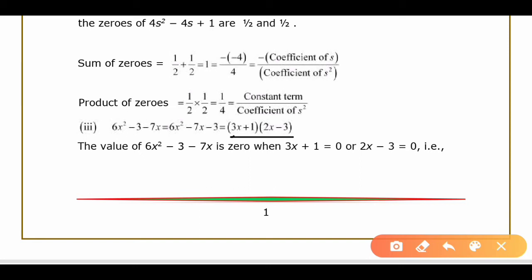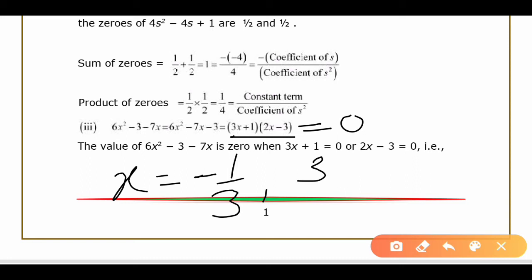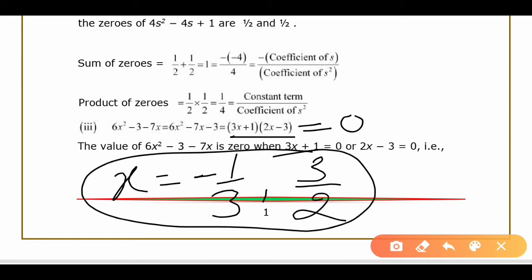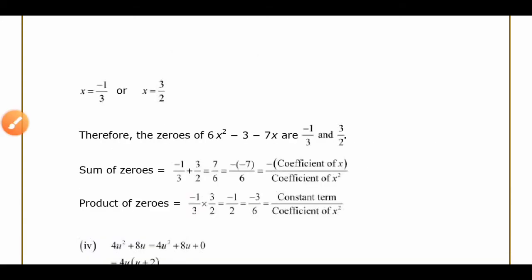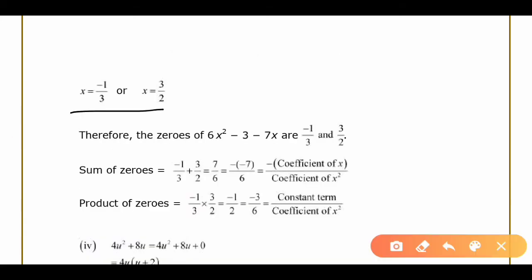So equating this to 0, we'll get x equals minus 1 by 3 and x equals 3 by 2. So these are our zeros, or we can say solutions. Clear? So here we got two zeros or two solutions.